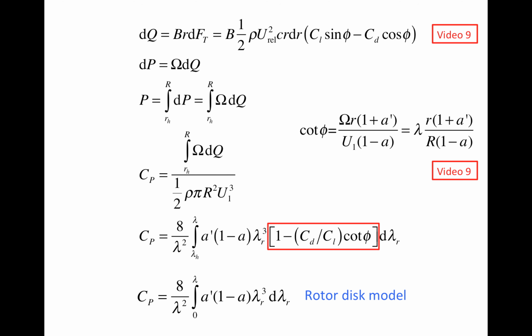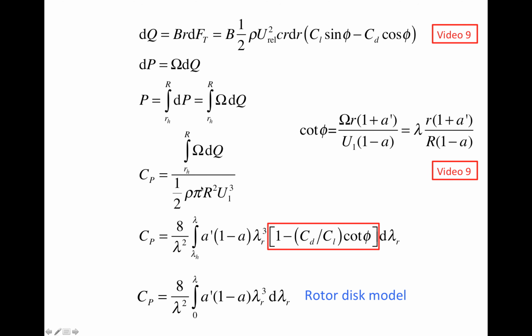So the power coefficient, Cp, is just the ratio between the rotor generated power and the free stream wind power. Here U1 is the free stream wind speed. That's the free stream wind power.